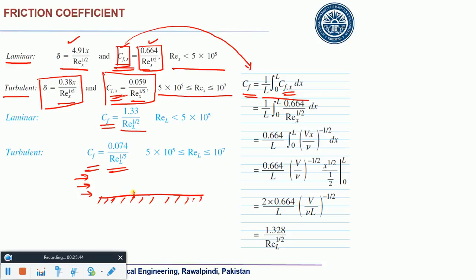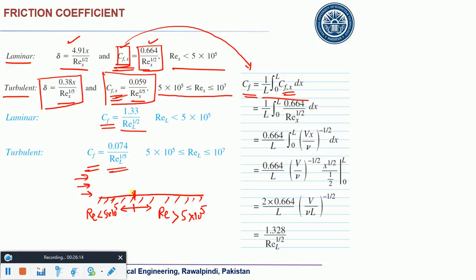For example, up to this length, Reynolds number is less than 5 into 10 raised to power 5. And from this point onwards, Reynolds number is greater than 5 into 10 raised to power 5. It means this is the point where you reach the critical Reynolds number. Okay, then how would you find out the average CF?